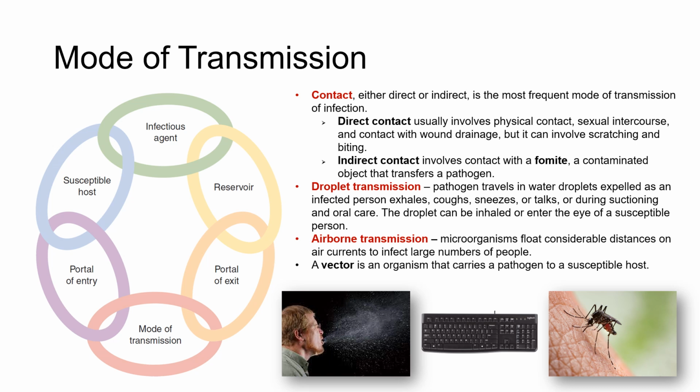There can be an abrasion, scratching, biting, and then the microorganism is transferred. Or it can be indirect contact. So maybe the person sneezes on their cell phone and then you use the cell phone and put it up to your face, your eyes, touch it with your mouth. It can go that way. And of course, the phone would be a fomite, which is an inanimate object.